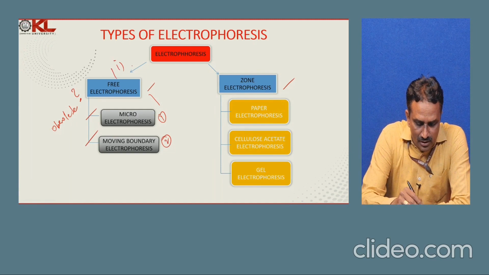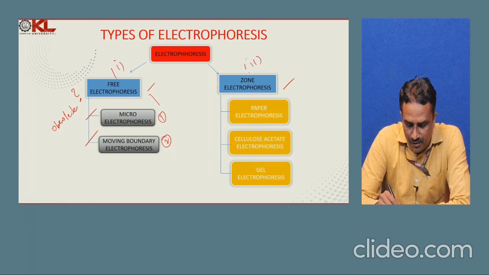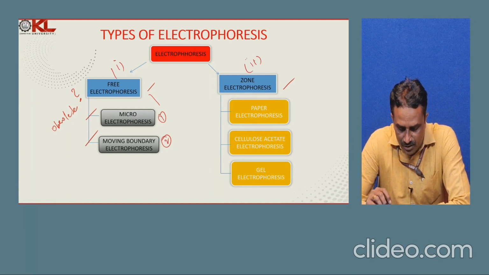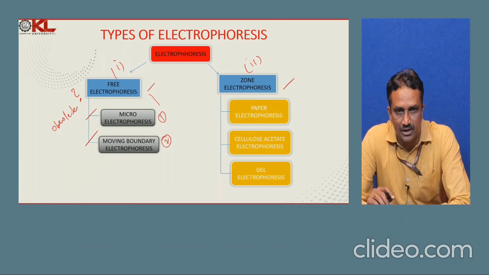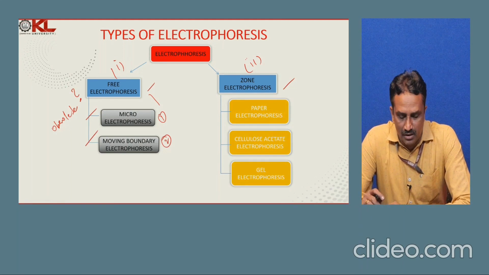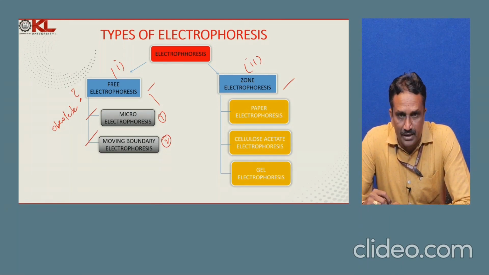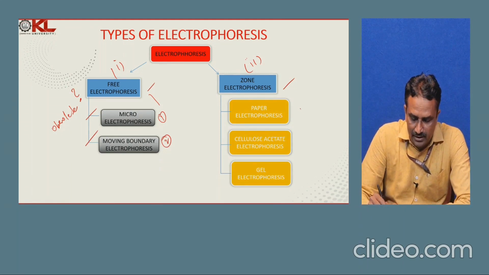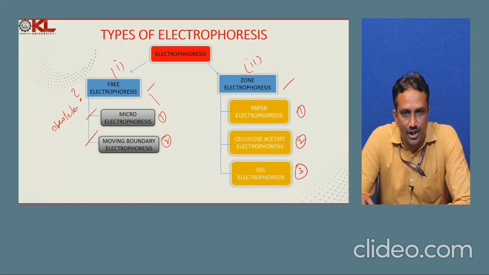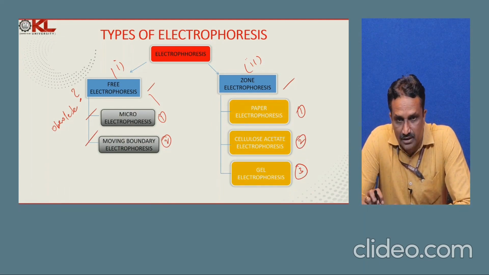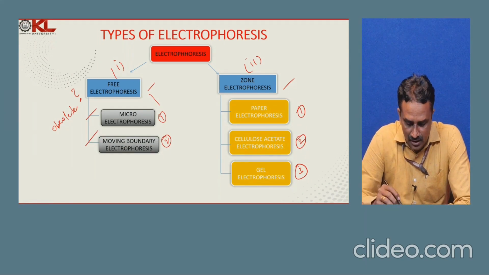Coming to the second type, which is called zone electrophoresis or zonal electrophoresis, there are three major types. One is paper electrophoresis, second is cellulose acetate electrophoresis, and the third is gel electrophoresis.